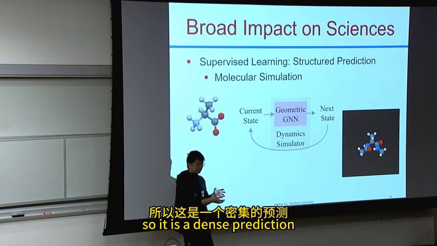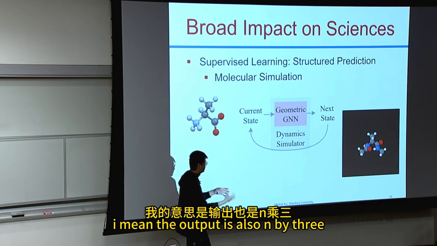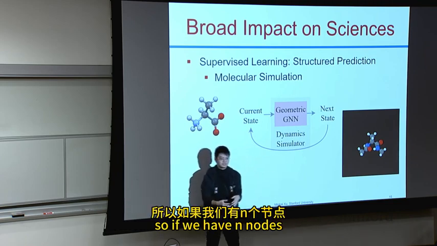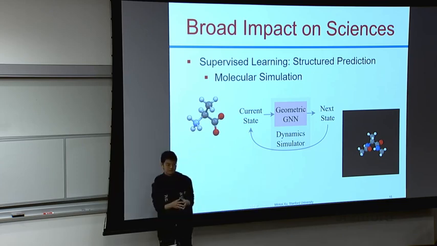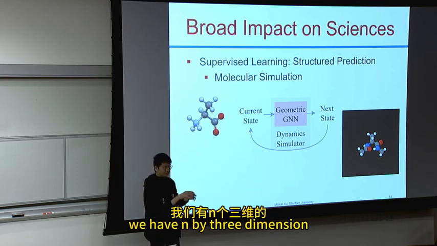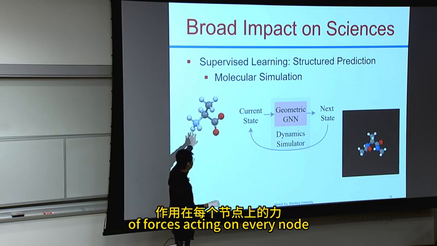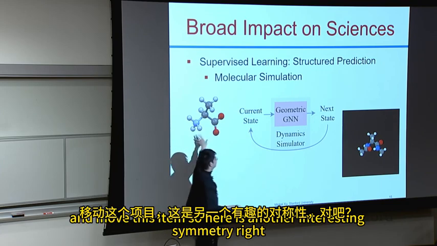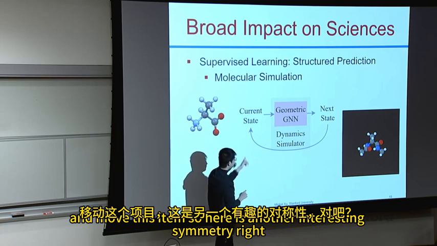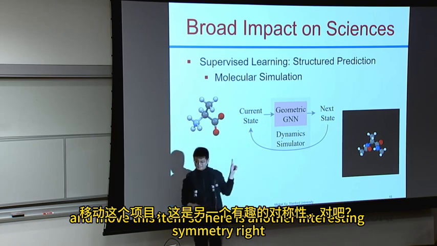So it is a dense prediction. I mean, the output is also n by 3. So if we have n nodes, we have n by 3 dimensions of forces acting on every node, every atom, and move this atom. So here is another interesting symmetry, right?